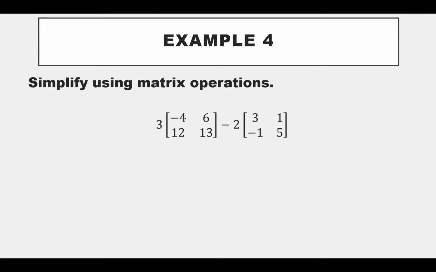So this is going to have a couple of steps. Push pause on the video if you want to try this on your own. In a couple of seconds, I will show you how it's done.